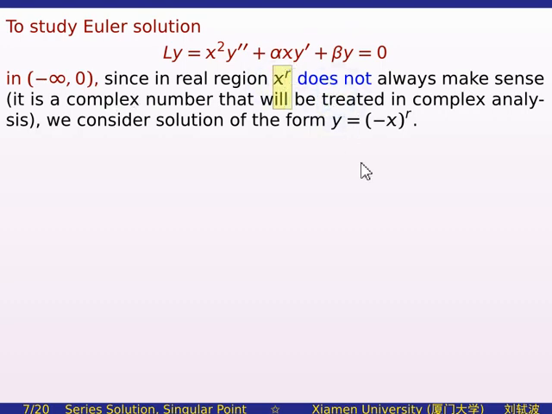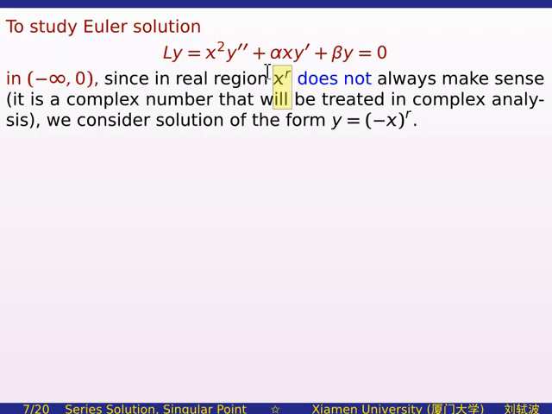For example, if r is 1 over 2, then when x is negative, x^r will not have real meaning. Of course, it can be considered as a complex number, and that will be treated in complex analysis, another course. So we don't want to get involved too much with this.